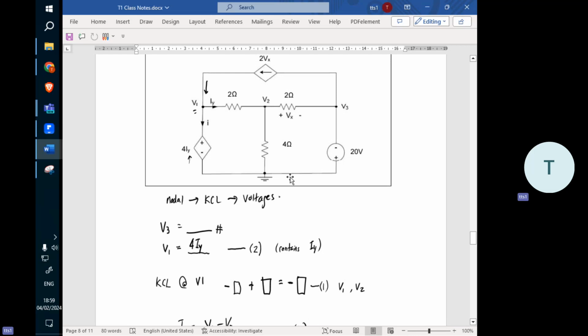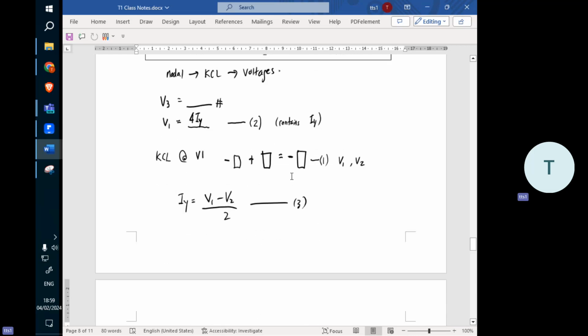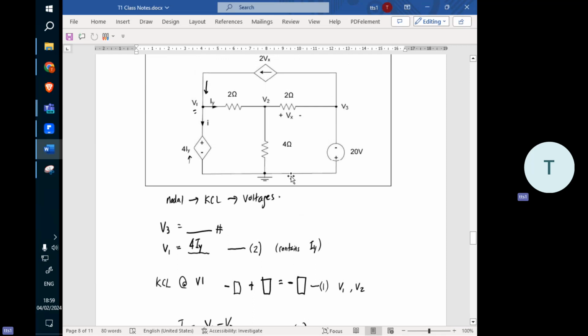I think it should be KCL at node 2, I think they made a mistake. Actually KCL at node 1. I made a mistake here because of the mistake they made in the answer script. This one is a mistake. This one should be V2. You use a KVL here.